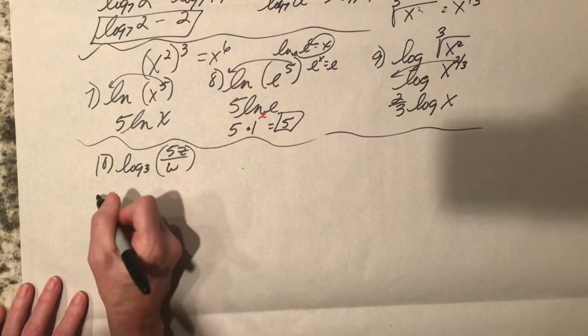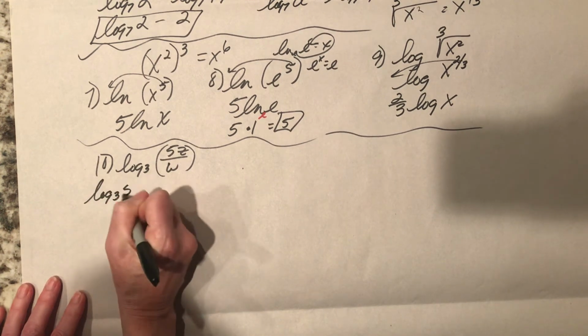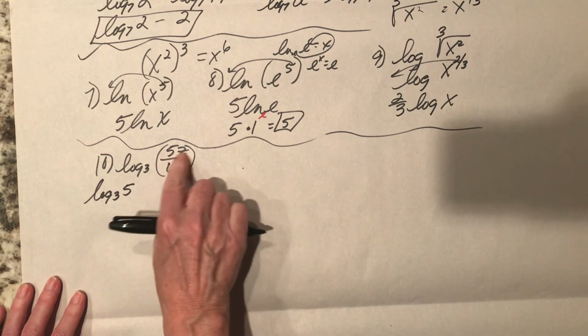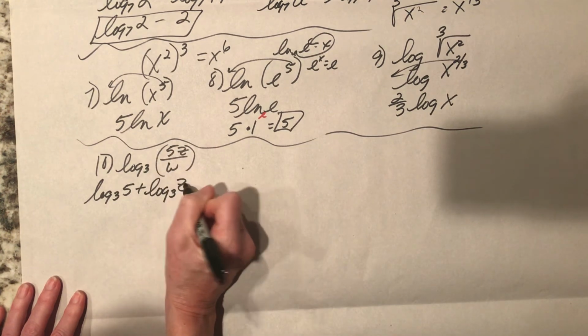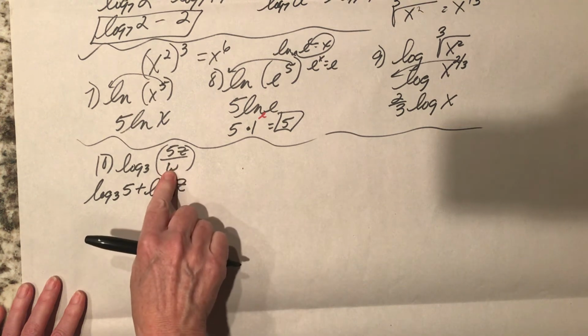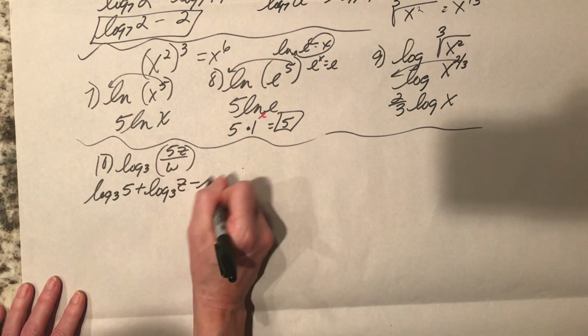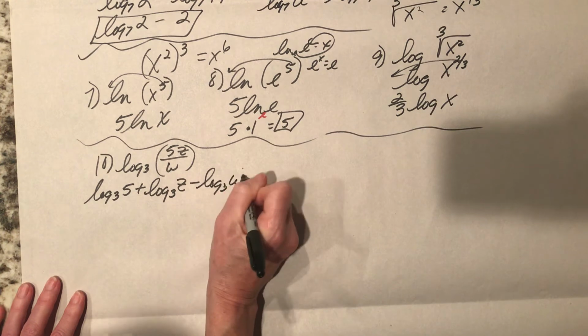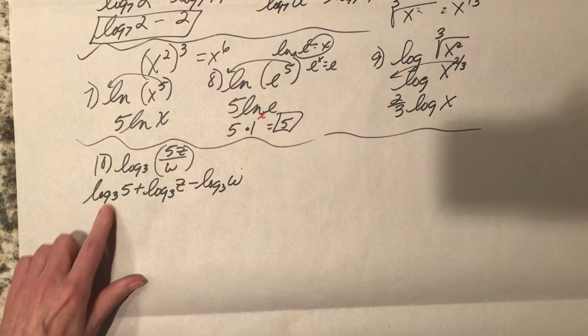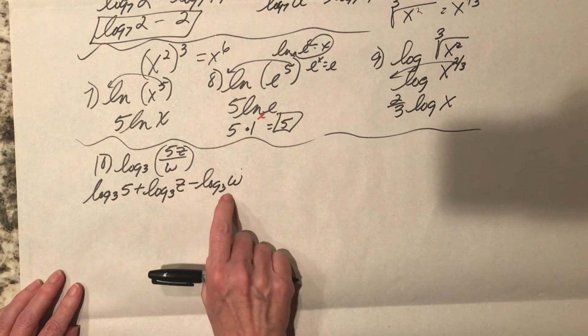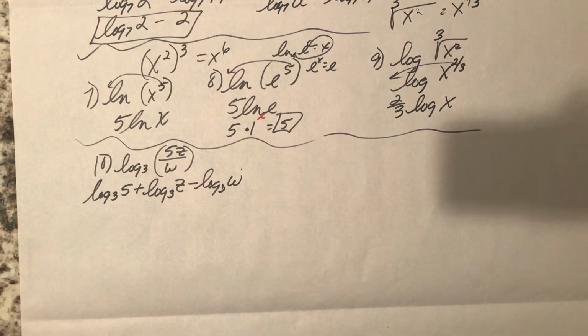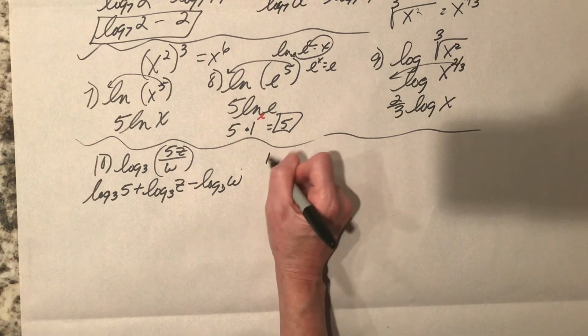That's it. So log base 3 of 5 plus, because these are multiplied together. And then we're going to the bottom, so if you're dividing, you're going to be subtracting. And that's it. There is nothing you can raise 3 to make him be a 5. Nothing you can raise 3 to make him be a letter. So we're good there. That's all they need you to do.